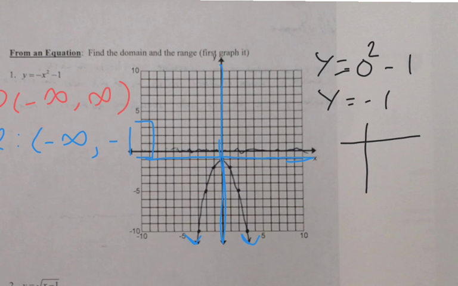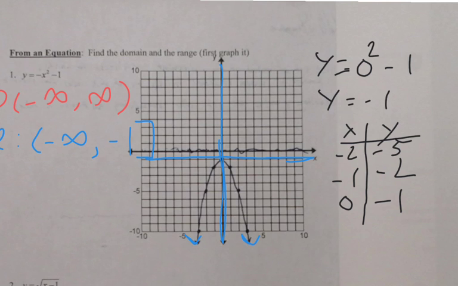So if we made a table of x values and y values, 0 would be somewhere down here at -1. If we went to -1, doing algebra, it comes out to -2, and -2 comes out to -5.